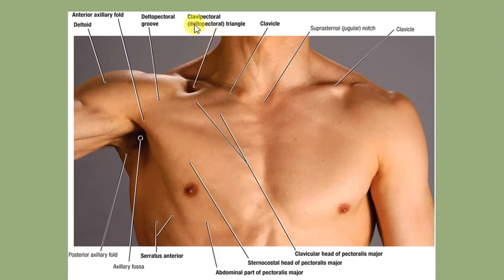We have the clavicle pectoral, or we call it the deltopectoral triangle. You have the suprasternal or jugular notch. Normally it is called the jugular notch rather than the suprasternal notch.